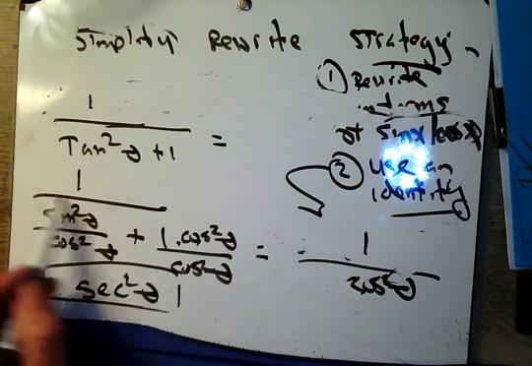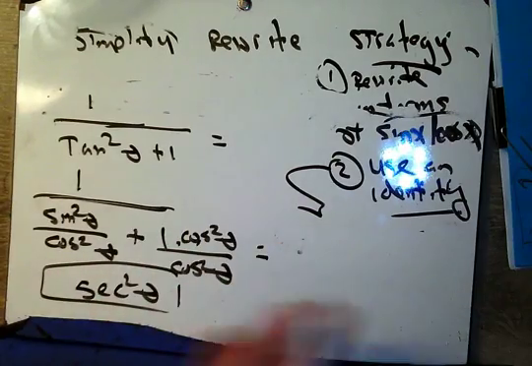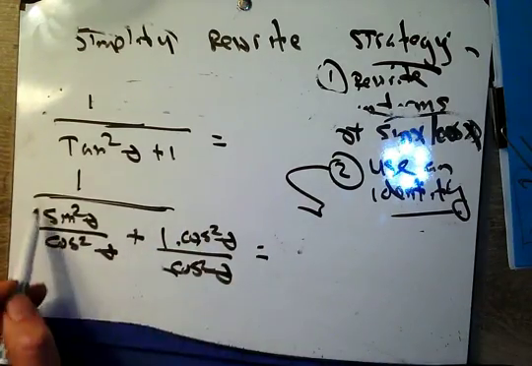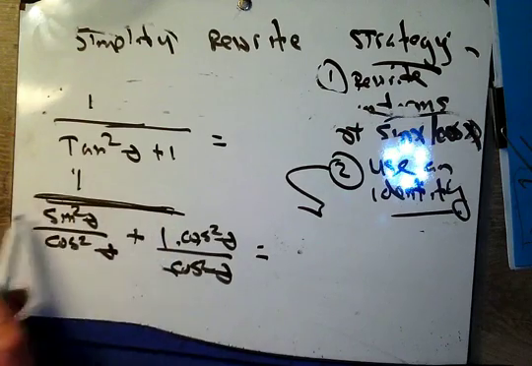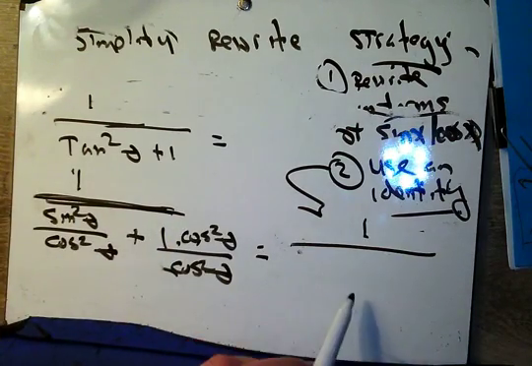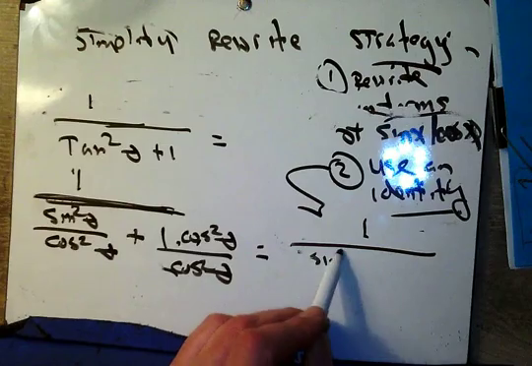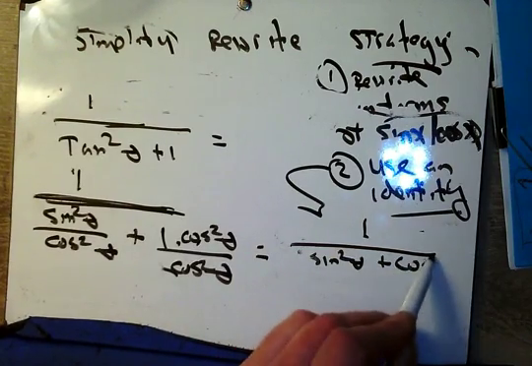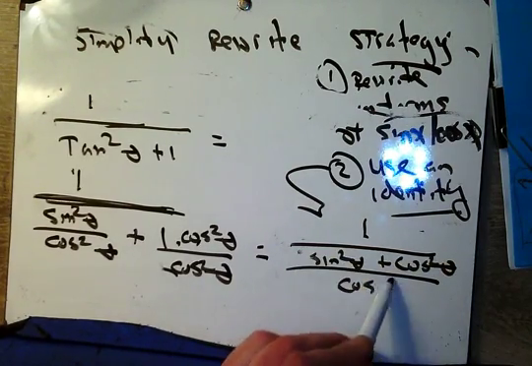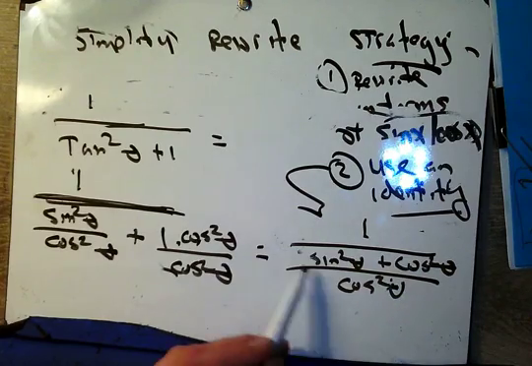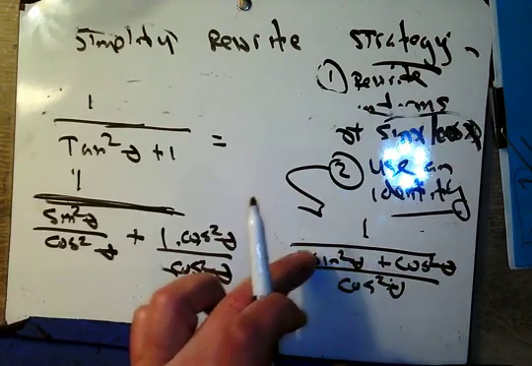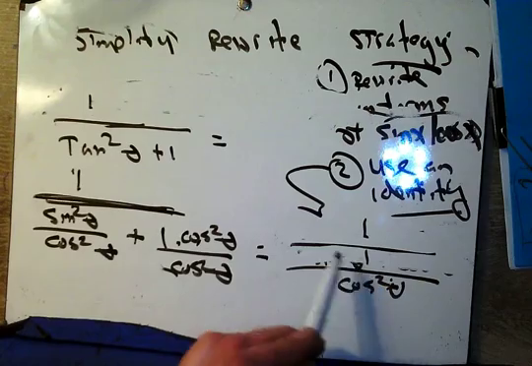Oh, this is all in the denominator. Not bad. Okay. So I have 1 over all this stuff. 1 over, and we had sine squared plus cosine squared over cosine squared. Okay, sine squared plus cosine squared is 1.